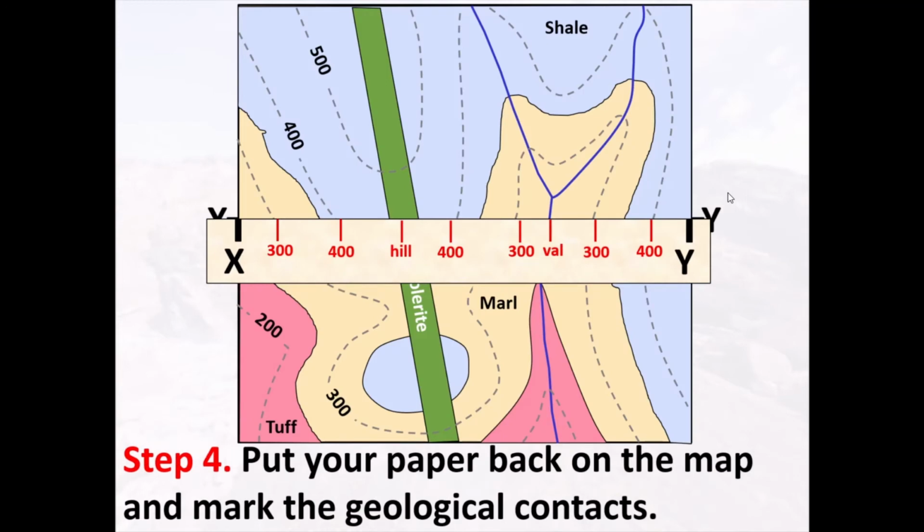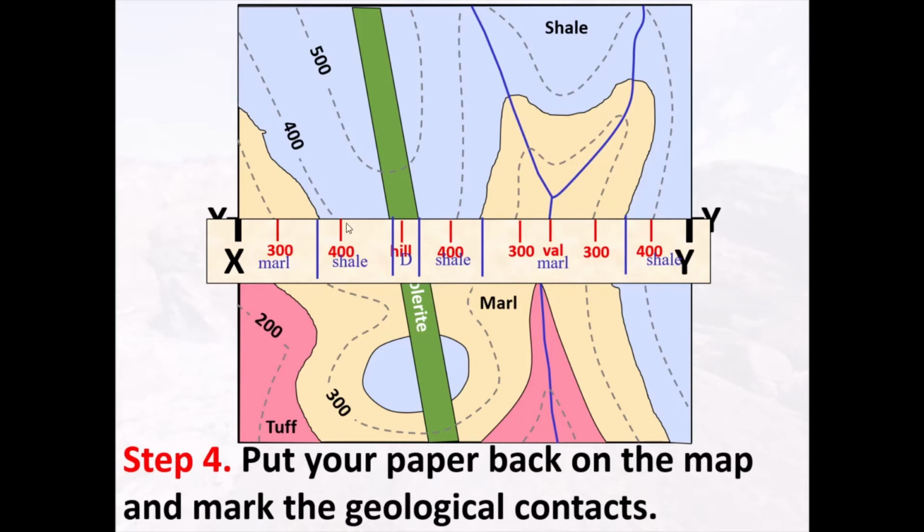Then what we do after we've got our hill profile, or if you've already been given a hill profile, if you're lucky enough to have one, you can then put your cross section paper back onto your map, and then mark on the points along that cross section line where you hit geological contact.